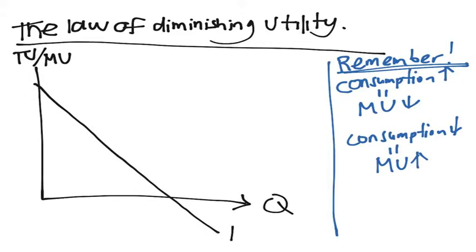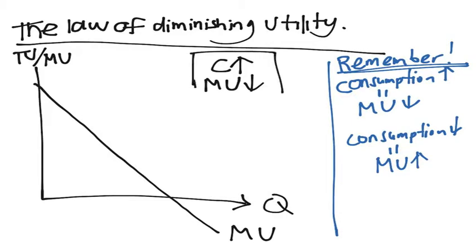This is the marginal utility curve. The law of diminishing utility says that as you increase your consumption, the marginal utility that you derive from the good declines. This is the law of diminishing marginal utility.